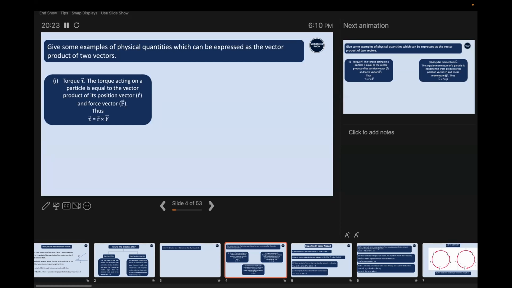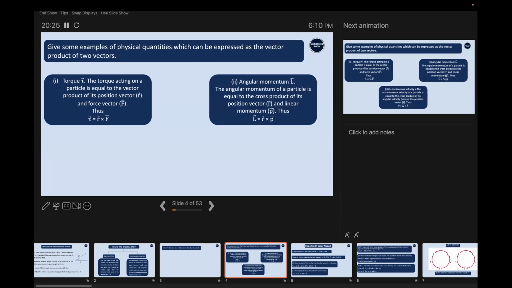And the next physical quantity that we can think of is called angular momentum. In your lower grades, you would have learned about linear momentum, which is defined as the product of mass and velocity. Now we are going to discuss the concept called angular momentum, which is represented by the symbol capital L. The angular momentum of a particle is the cross product of two vectors, namely position vector and linear momentum.